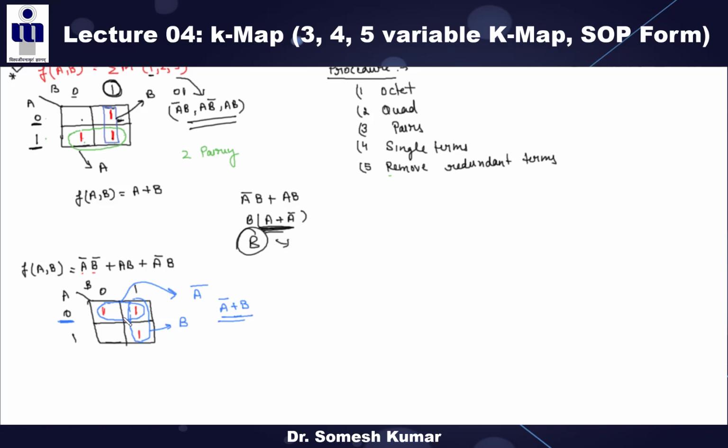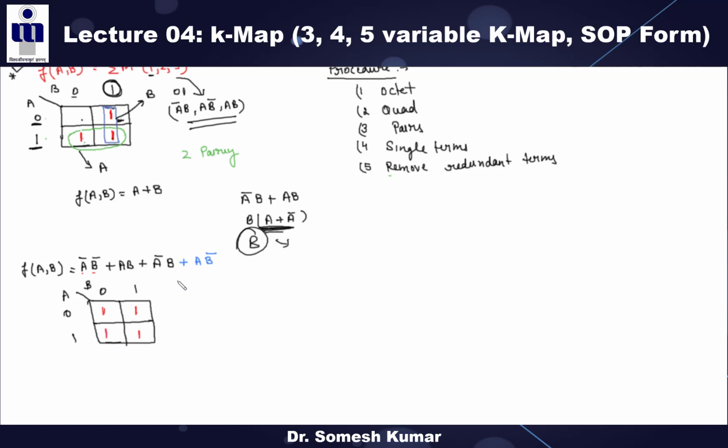So what happens if we take, like this, if we add A B bar also here? What happened in that case? Can you tell me? This term is also 1, right?